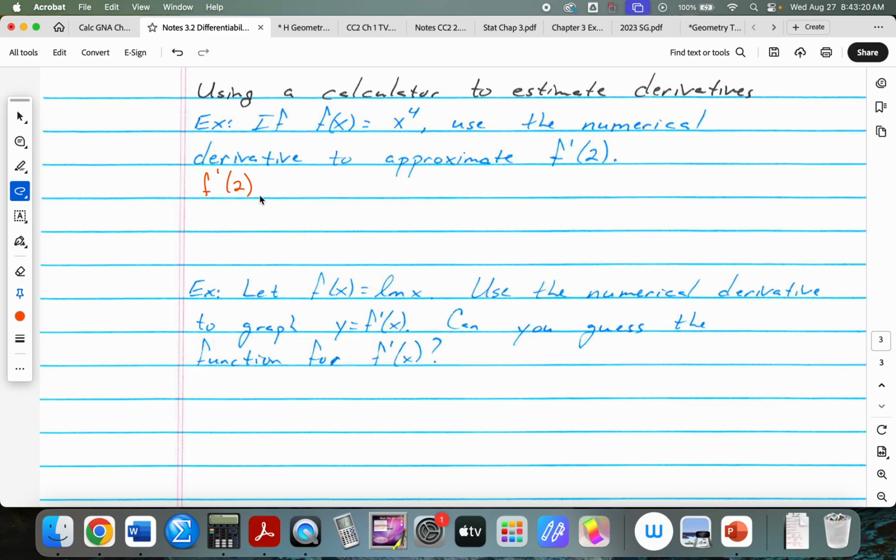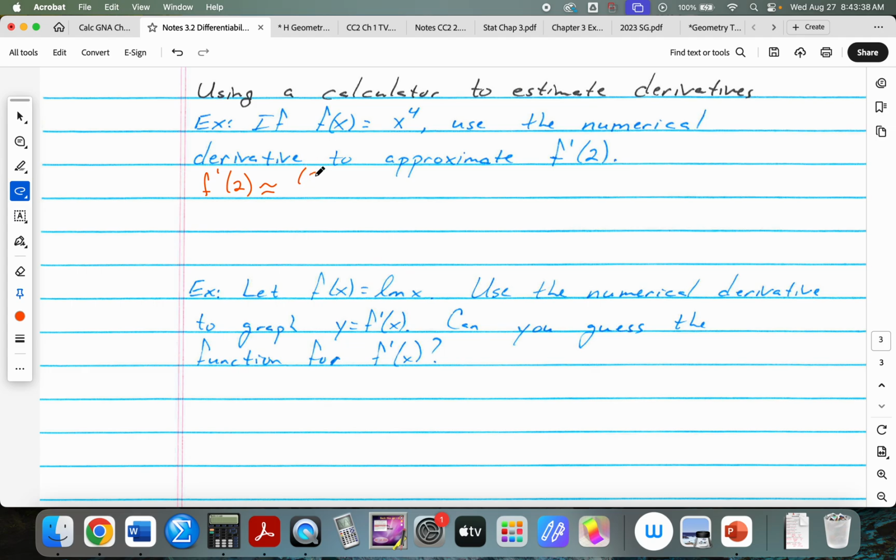Okie dokie. So we can approximate this by doing, what would you like to use for h? Like 1/100th? That feels like that should work.